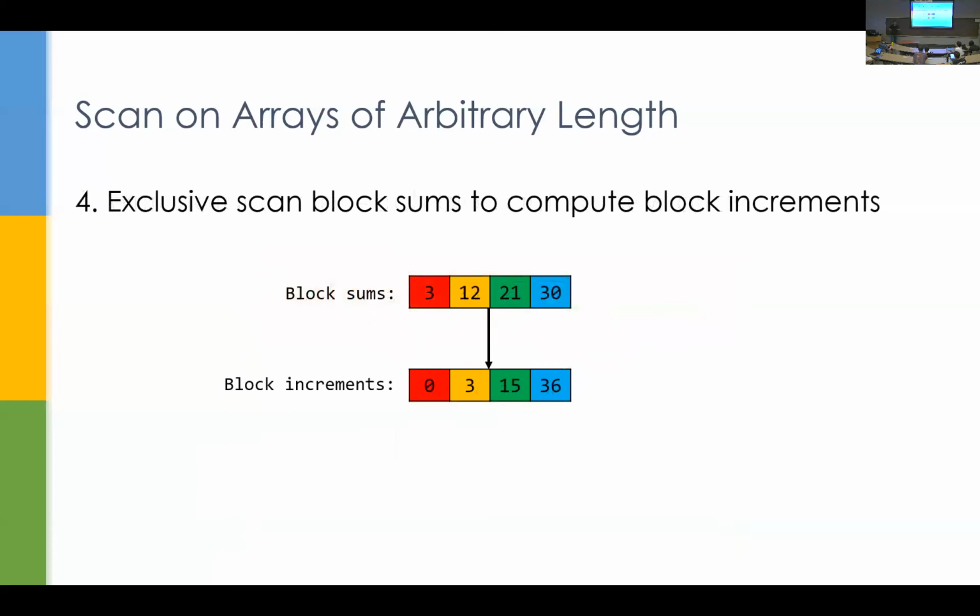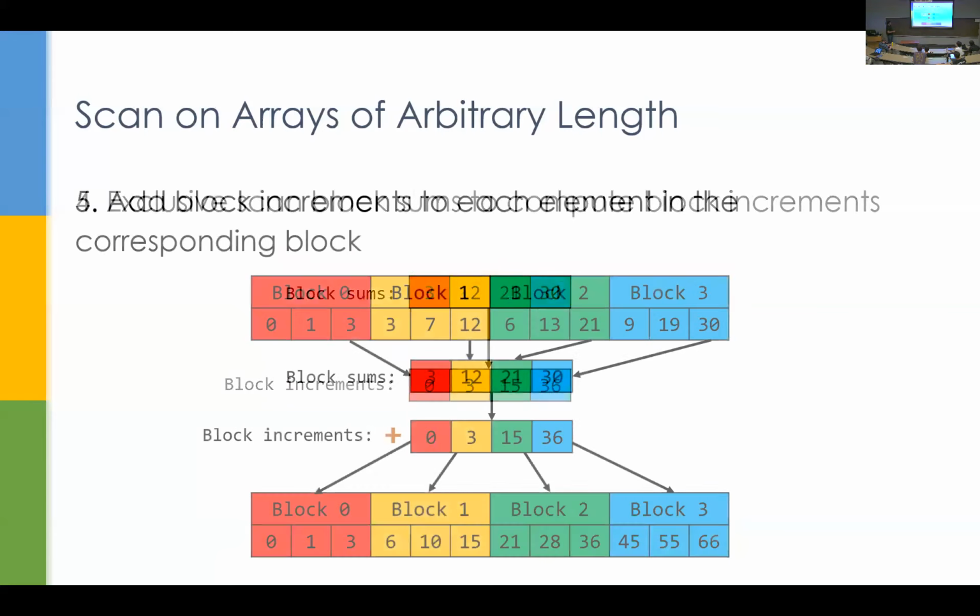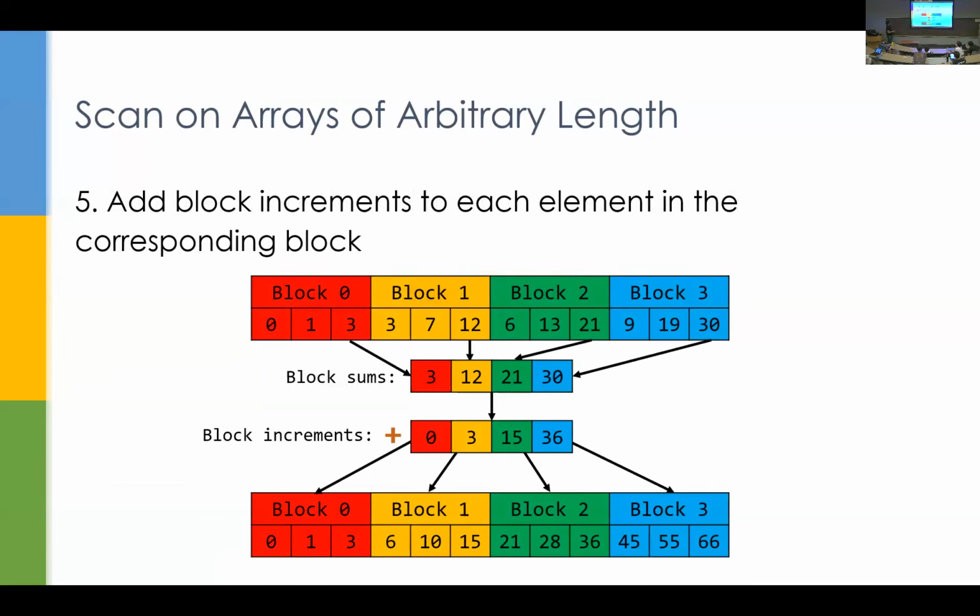But in your example, you may have random numbers. The block sum of block 1 may not be greater than block 2. It could be less. So what happens is when you do the block sums and then do the block increment, this is essentially the sum of all the elements in all the blocks before.